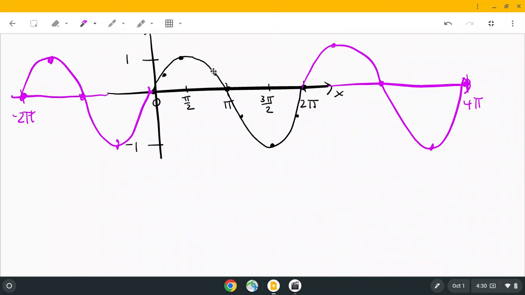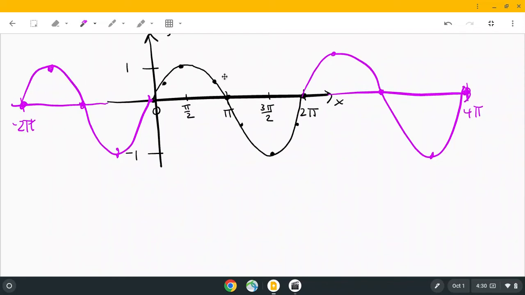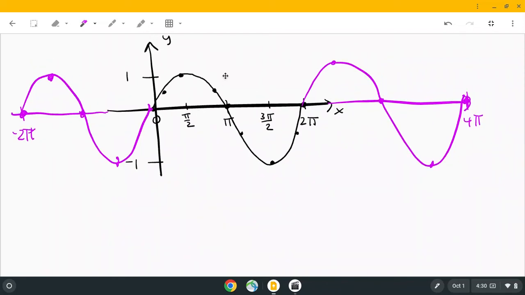Okay, so that's kind of what you want to remember as to help guide you when graphing a sine function, especially when they get more complicated. When they get more complicated, you still start off with this basic sine graph, and then you start manipulating this curve here according to all of those numbers that are being added, subtracted, multiplied to sine. Okay, so but you always start off with this basic sine graph.